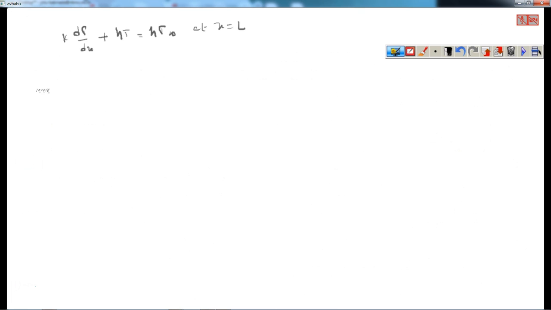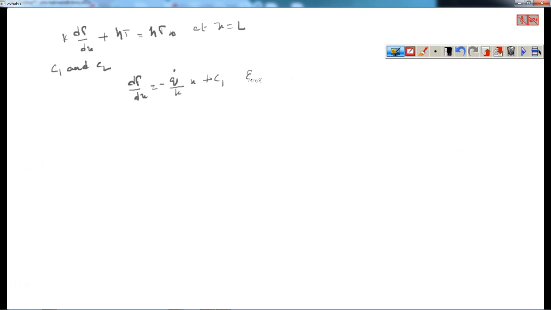So the solution of this problem I am evaluating by finding C1 and C2 constants. Now we know that dT by dx is equal to minus q dot by k into x plus C1, which we have already derived earlier.